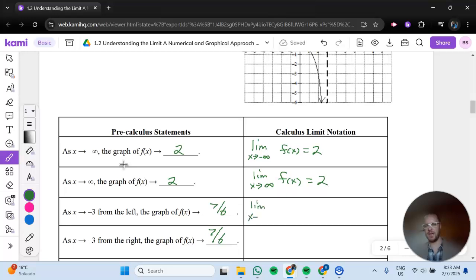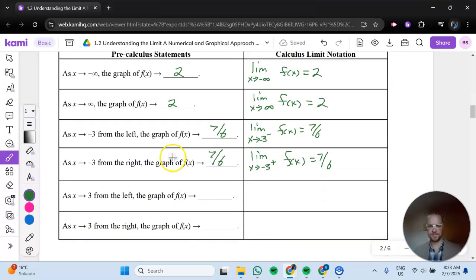Well, we would say the limit as x approaches -3 from the left, which is why we need that negative up in the top there as well, of f of x is equal to 7/6. Now, likewise, if we approach it from the right, the only thing that needs to change here is that we're approaching -3 from the right, and we put a plus sign up here, okay? Of f of x is also going to be 7/6.